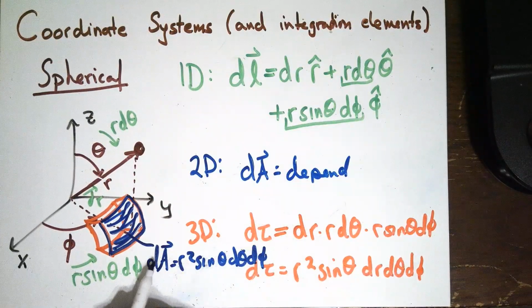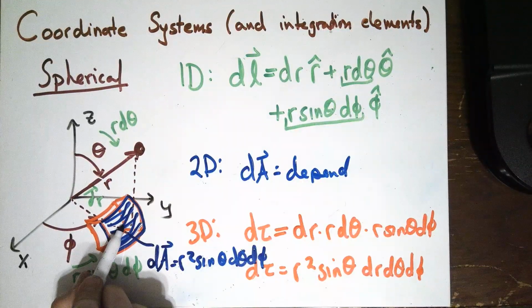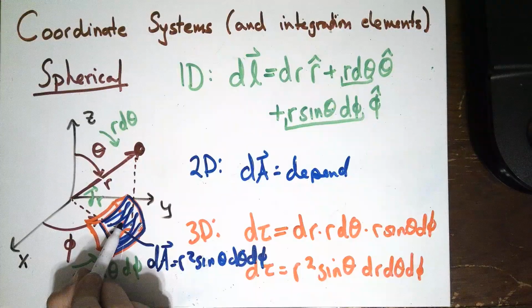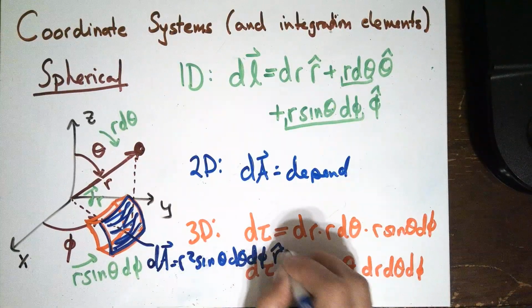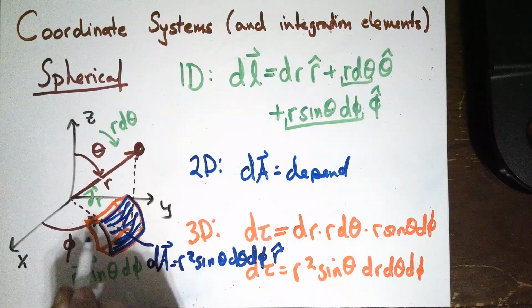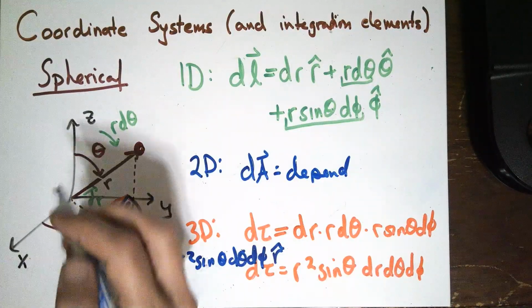And the direction, well, it's going to be normal to this like it always is for an area vector, and it would be coming out, and that's going to be the r hat direction. So that's one, and you do a similar thing for any other.